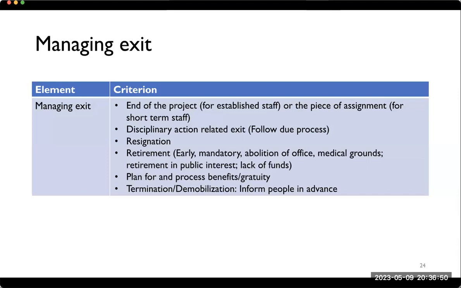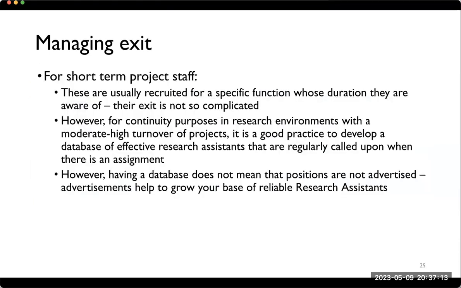Of course, it has to be gradual. Don't reach a point where the project has about 1 month and then you finally announce that there's no renewal and then the staff have to be demobilized. So think through these processes carefully so that you have a smooth exit of your staff.